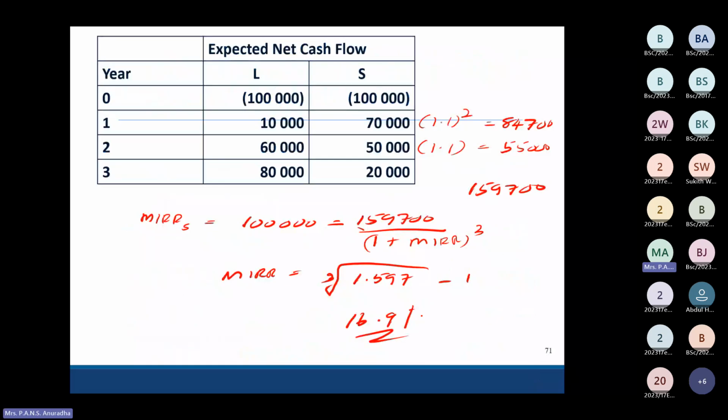Is it 16.9 approximately? Yes, madam. Right. So this is the MIRR.